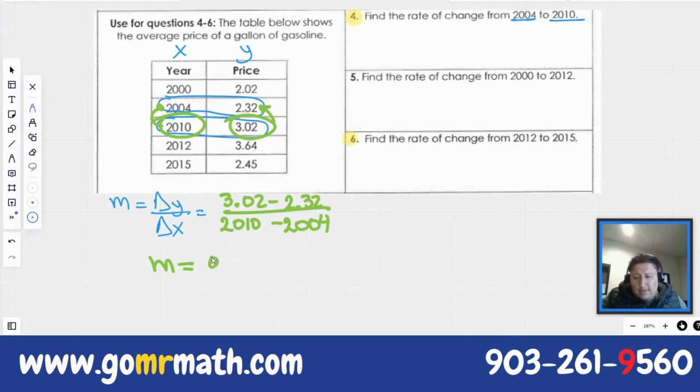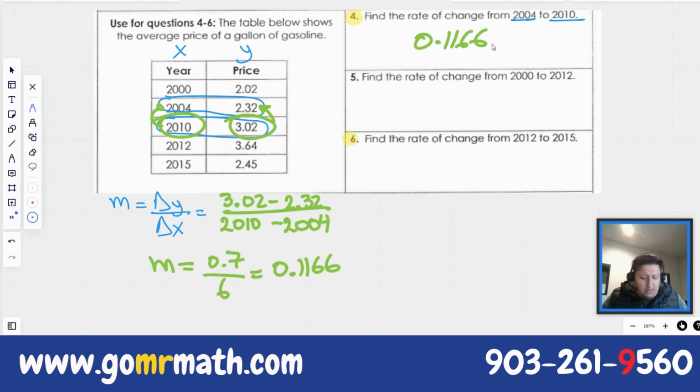That is 0.7. Okay, let's do the division. 2010 minus 2004 is 6. 0.7 divided by 6 should be 0.1166. So these are basically cents. Basically, it changed around 12 cents per year. That should be the rate of change here.